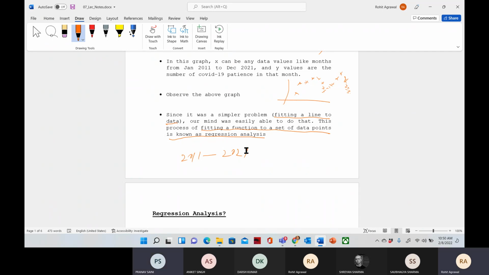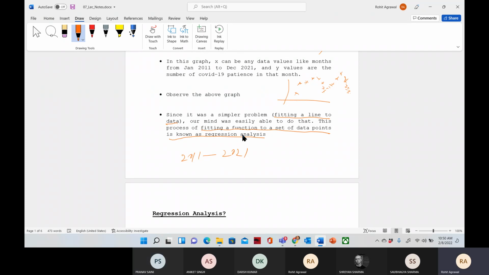Clear? So we have some kind of data, and the process of fitting a function. That means using the independent variable, we can predict the dependent variable. In case of COVID patients, we are having the months, and we can predict the number of patients.